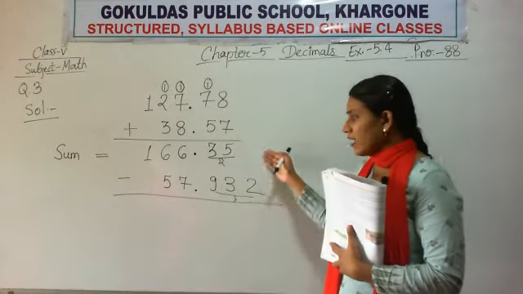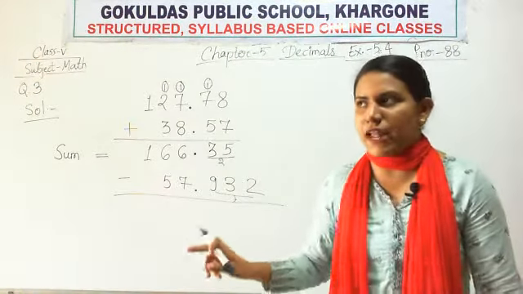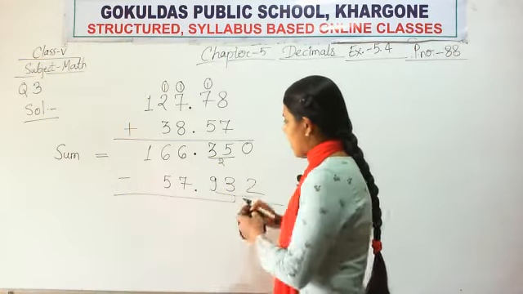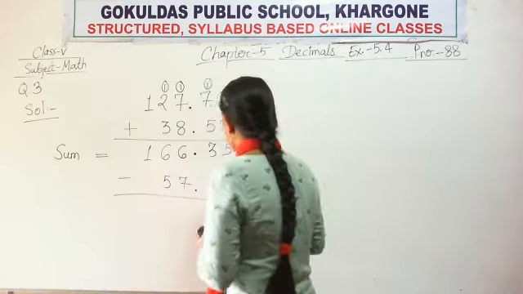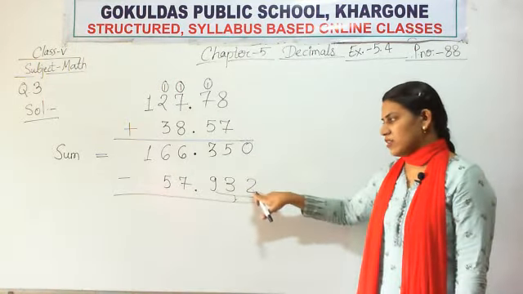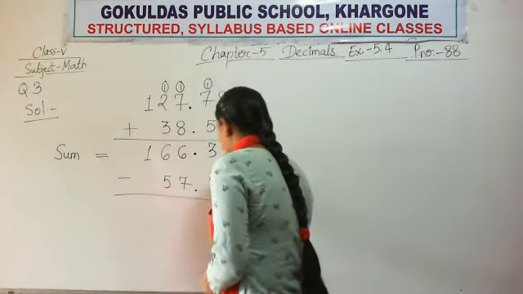Means they are unlike decimals. So first of all make them like. To make them like I am adding one 0 in the decimal part. Now count the number of digits after decimal: 3 digits. In this number also 3 digits. Now they are like decimals. Now we can subtract them.